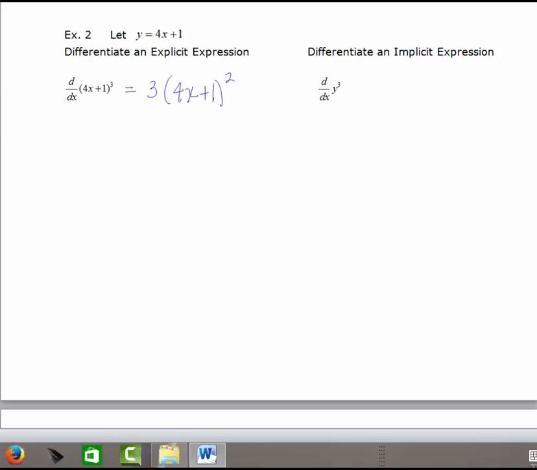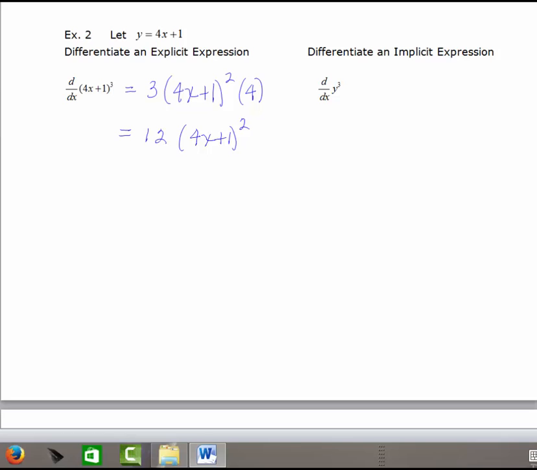We take the derivative of the outside function with respect to the inside function, and then we multiply by the derivative of the inside function, which is 4. If we want to simplify that, we'd get 12 times 4x plus 1 squared. And that's the derivative of 4x plus 1 cubed.